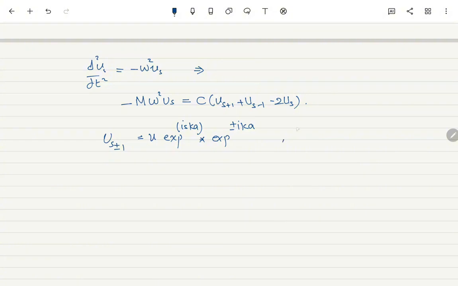In such a way, k here is the wave vector and a here is the spacing between planes.